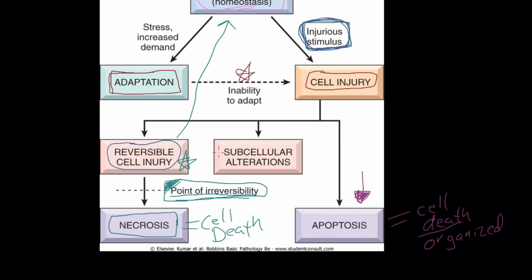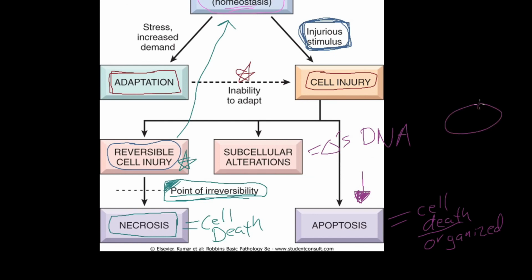Another option is that you can undergo subcellular alterations. This would be like changes in DNA. This little triangle symbol in science sometimes means change. So changes in the DNA are some examples of subcellular alterations.